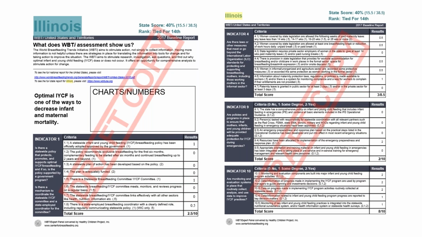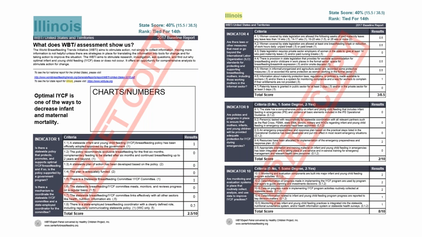I really think that the advantage to looking at state by state, if you are a state coalition, is that this really gives you a blueprint of what you can do on the state level. You can see the pieces that your state already has. You can see where you need to put in the work.